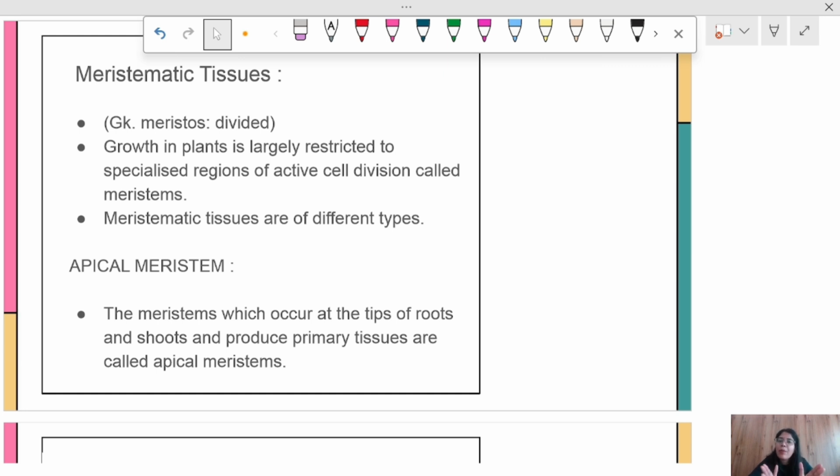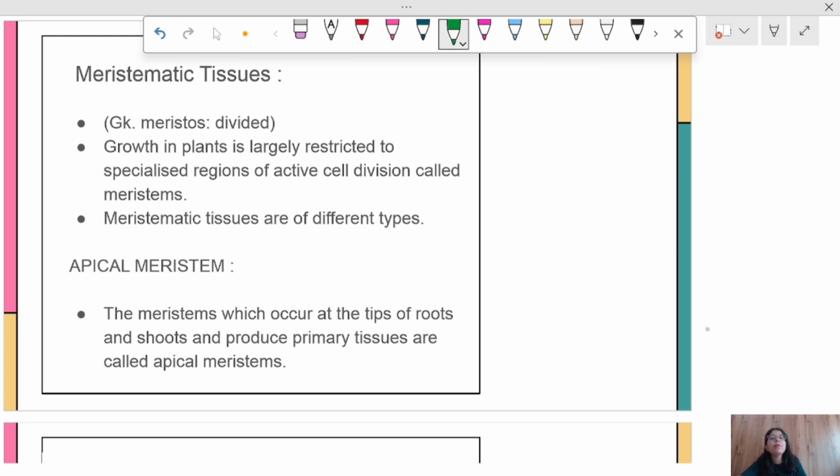In the entire plant body, you will see there are some specific regions where these dividing cells are present. Based on their position, you can classify the meristematic tissue under three categories: apical meristem, intercalary meristem, and lateral meristem.